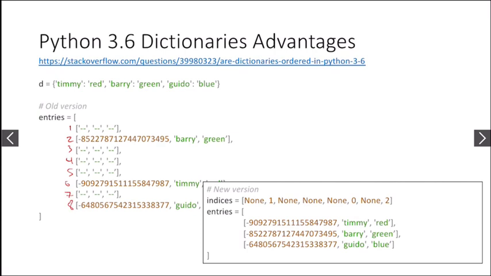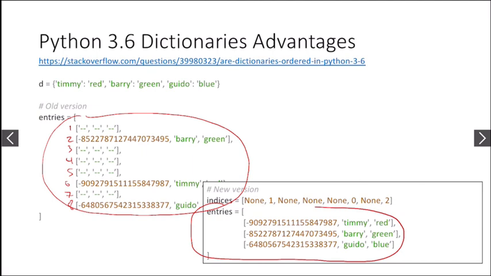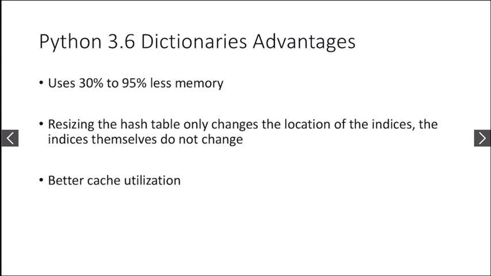If you run out of space in that, then you double it to maybe 16 slots, and you have to copy all of this information over to the new one. Whereas this one, you don't have to do any copying of this into the new array. You can just make this a dynamic array and continually add to the end of it. So there's less copying going on. And it has better cache utilization. That's something I'll star and we'll talk about in the next set of lecture slides.